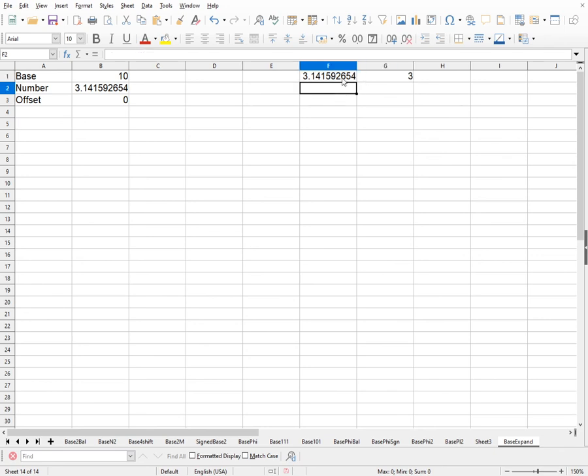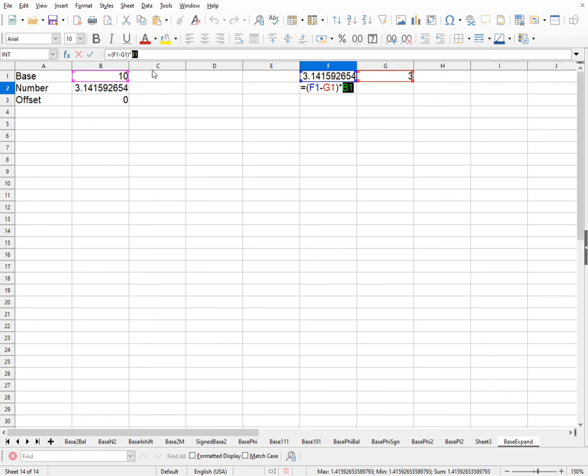Now to get the next digit, I subtract the digit from the number here, so this minus this. And then I multiply by the base, so times that 10 there. And that will give me the starting of the second digit. Now I'm going to put the dollar signs in there.